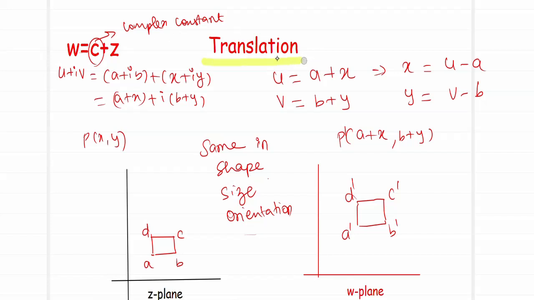What does translation mean? A translation means movement. So this object which was in the Z plane is retained in shape, retained in size and retained in orientation, but it has just shifted its position and moved to some other space by a vector called C. So this is going to be the first kind of the standard transformation which we will be seeing.